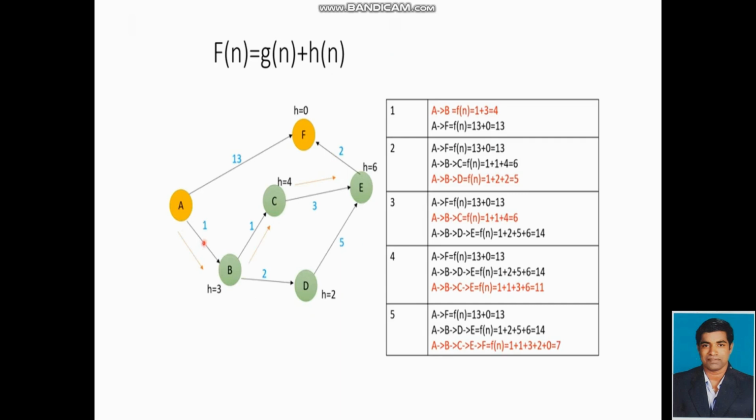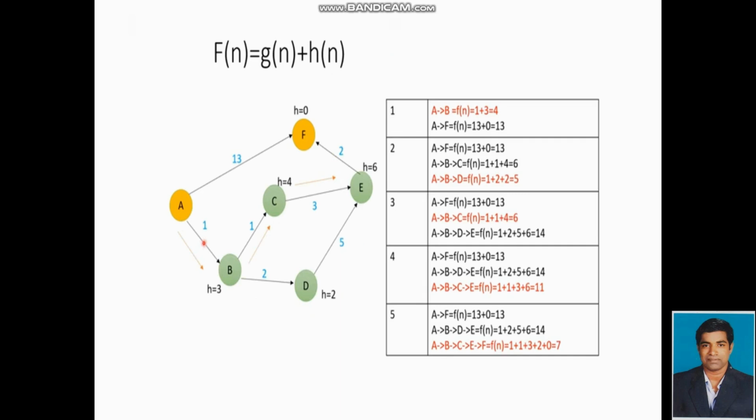Here the starting state is A and the target state is F. In the first iteration we navigate from A to B and A to F. As per the formula g of n plus h of n, A to B gets fitness number 4, and A to F gets 13. We choose the low fitness number for the next navigation. That is why A to F we write as it is in step 2.